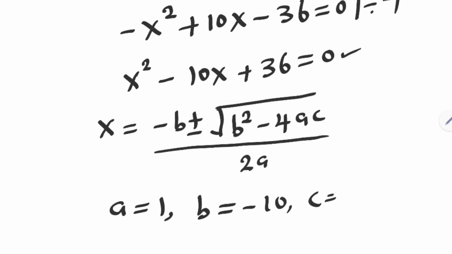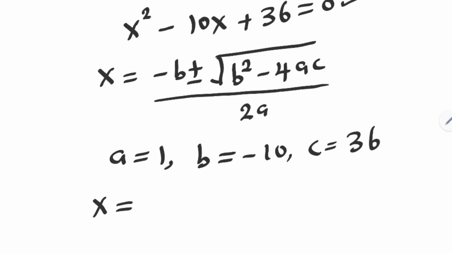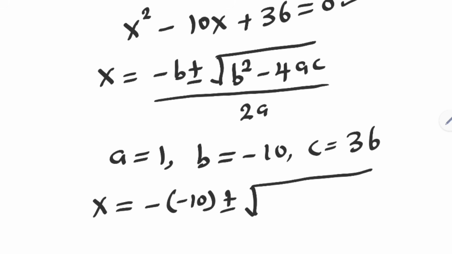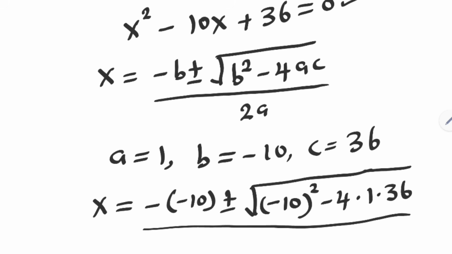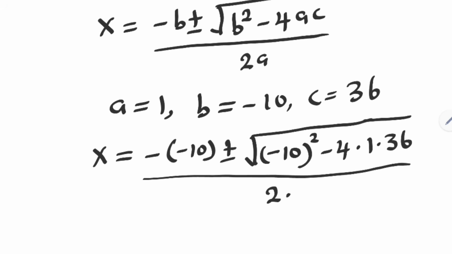And c is equal to the constant here, which is plus 36. x is equal to minus bracket minus 10 plus or minus square root of minus 10 squared minus 4 multiplied by 1 multiplied by 36, divided by 2 multiplied by 1.